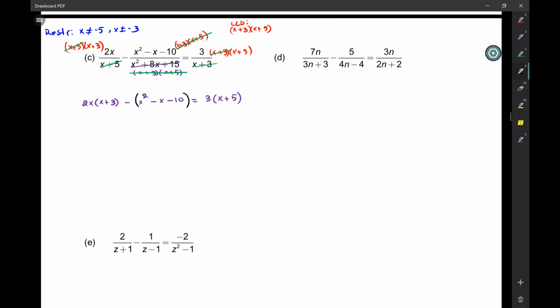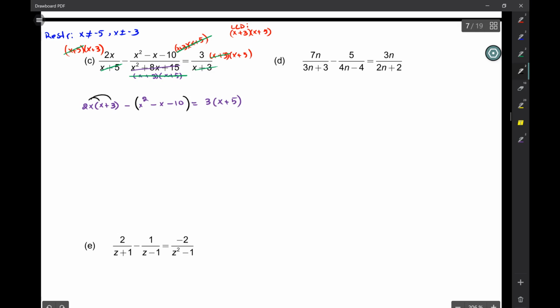So now let's distribute these guys. And I get 2x squared plus 6x minus x squared plus x plus 10 equals 3x plus 15. I love quadratic equations.